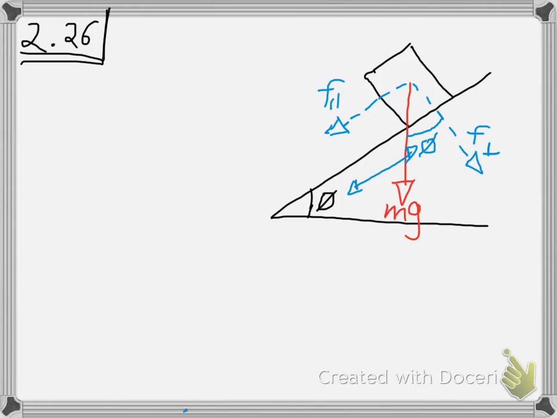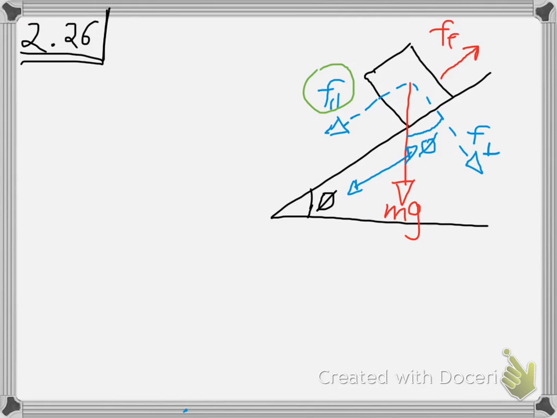As the incline gets steeper, this parallel force gets larger, and static friction also gets larger to offset it. But remember, there's some maximum value of static friction that it can't exceed. At 38 degrees, friction was finally overcome and the block begins to slip.